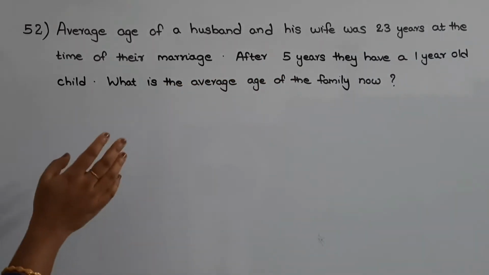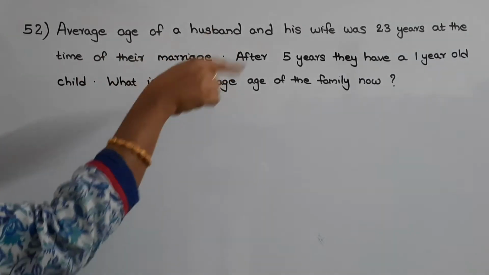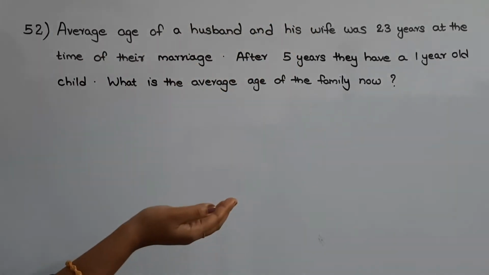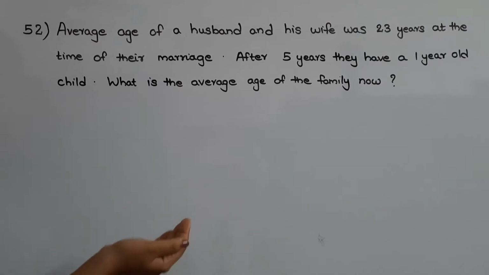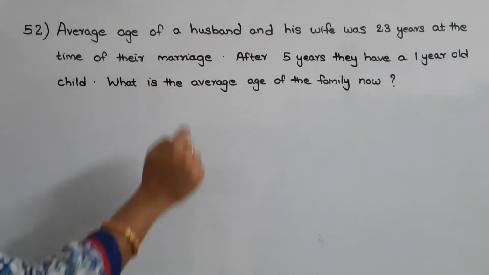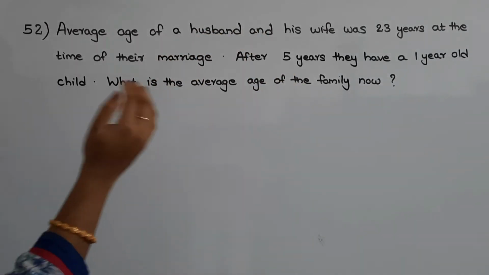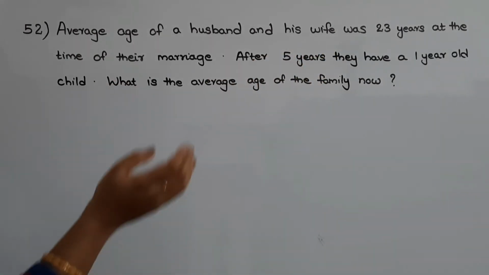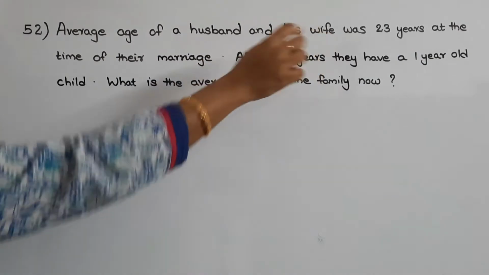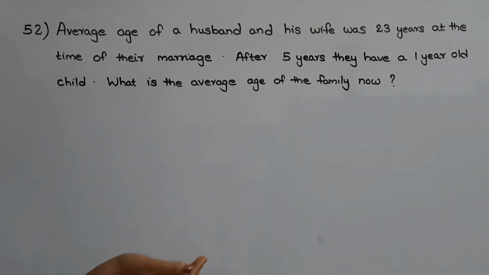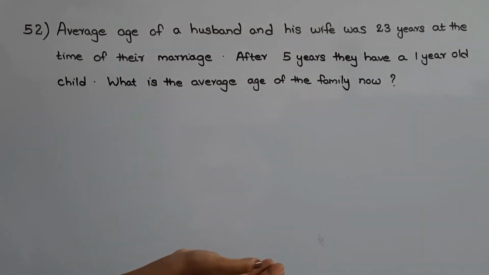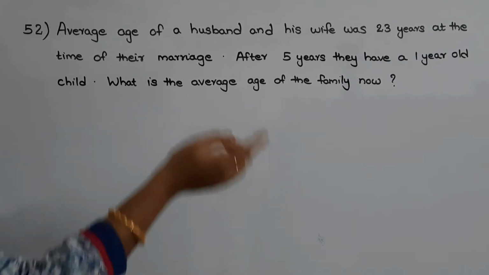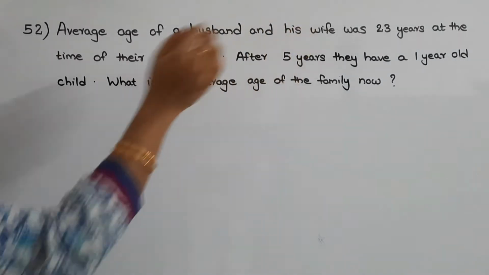So the average age of husband and wife at the time of their marriage is given as 23. So we need to know what is the average age of this husband and wife at present, or when they are having a child of 1 year old. So 5 years before their average was 23. Then what will be their average after 5 years? This 5 gets added to the age of husband as well as wife.